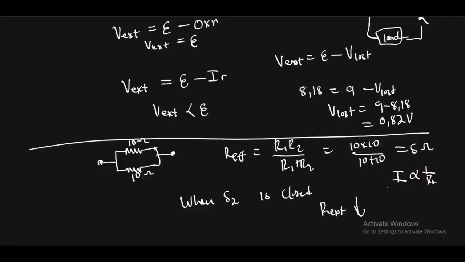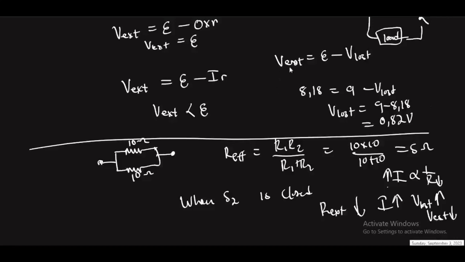So when R decreases, I increases. We know by now that when I increases, V lost increases, and then V external decreases.